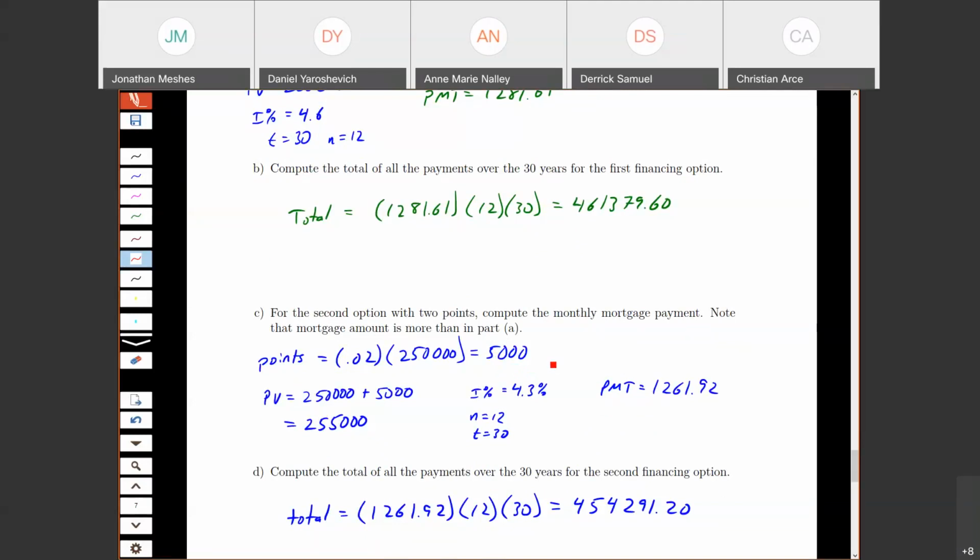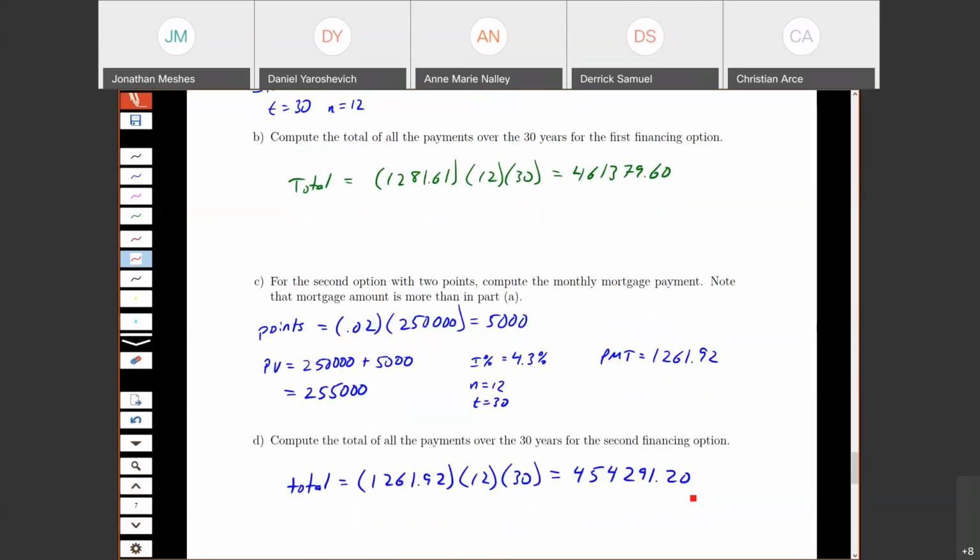But if you're only going to stay in your house for 5 to 10 years, points are not a good idea. If you're going to stay in your house for 20 or 30 years, points are a good idea, okay? And if it's like dead in the middle, like if it's 15 years, well, maybe it'll break even. Maybe one will come out better than the other. But you'd have to look at that very carefully to see the difference.